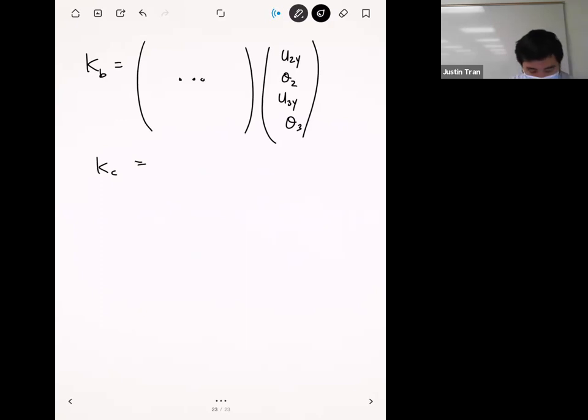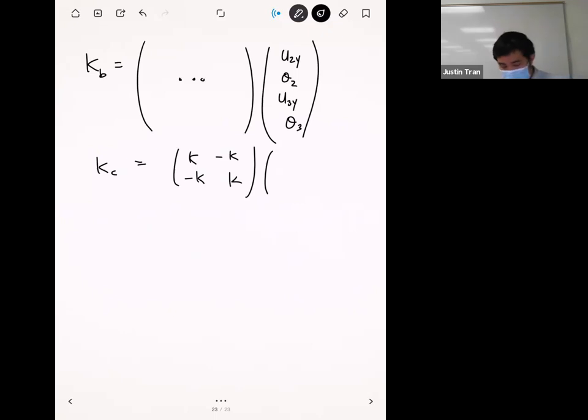This is simply just a spring, and so we can use our spring element stiffness matrix. Remember our spring element stiffness matrix is K, minus K, minus K, K.